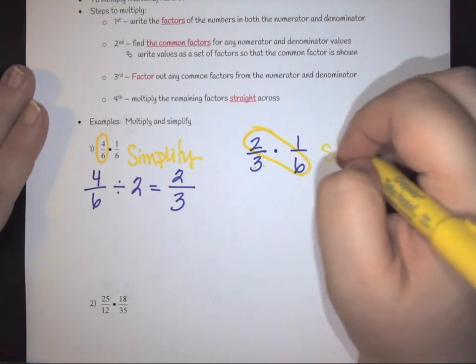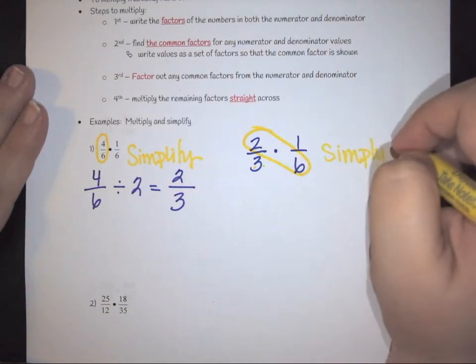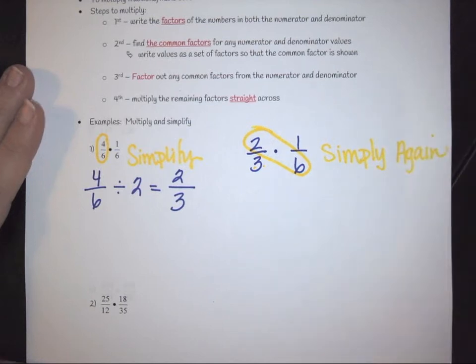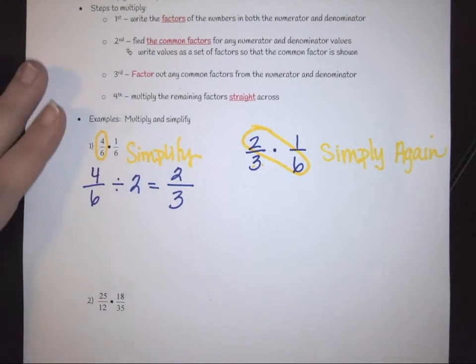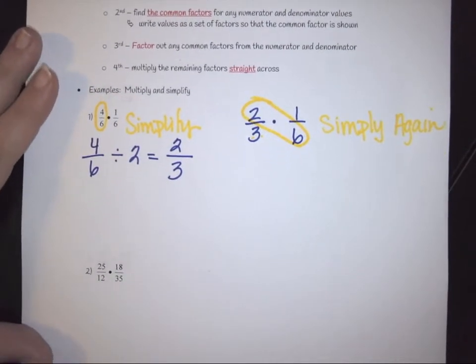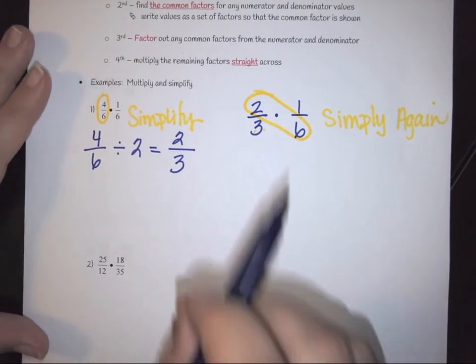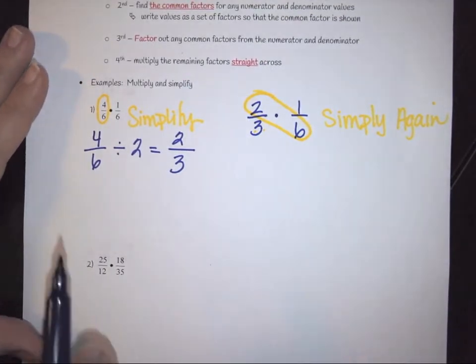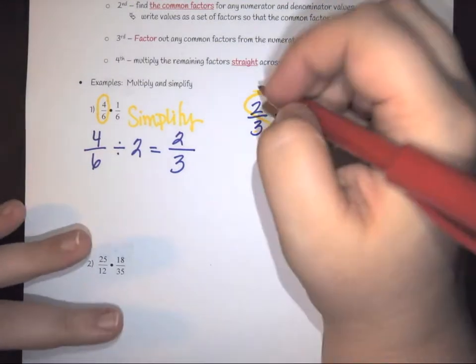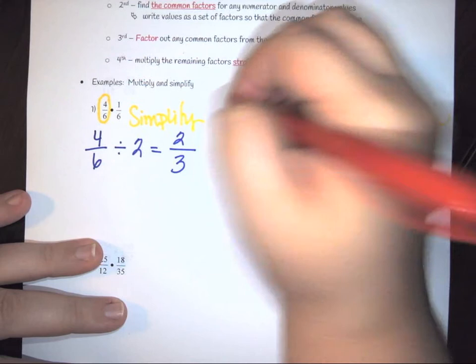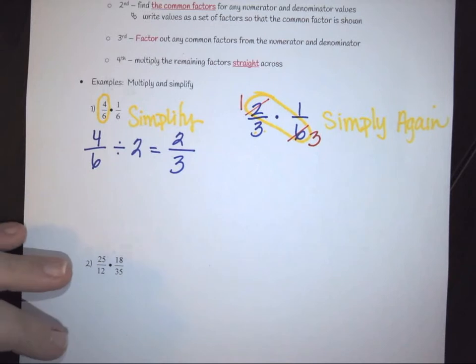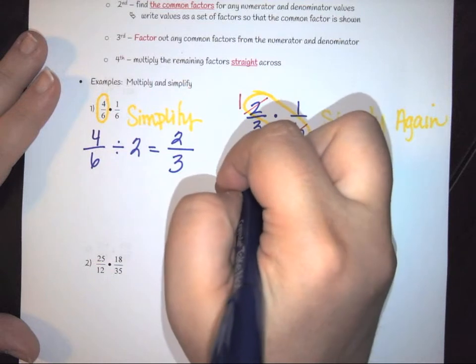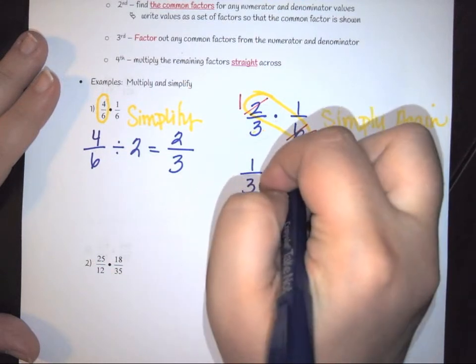So I need to simplify again. So in order to simplify again, I'm going to look at 2 over 6 and reduce them. Well, I already know 2 is going to go into 6 3 times. So to reduce it is as simple as this: 2 will become a 1 and this 6 will become a 3. Thus changing my fractions again to being 1/3 times 1/3.